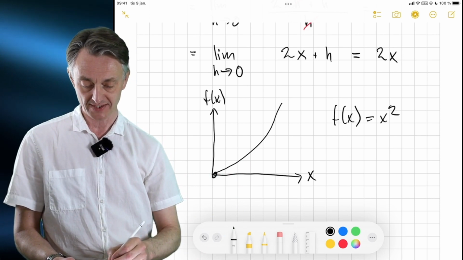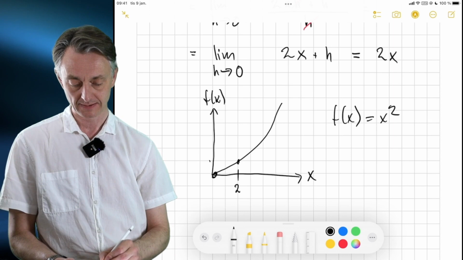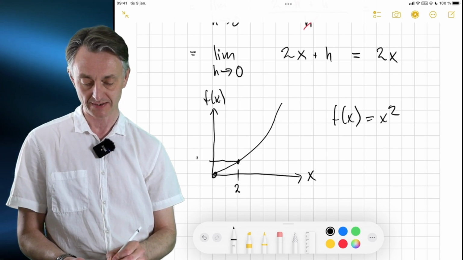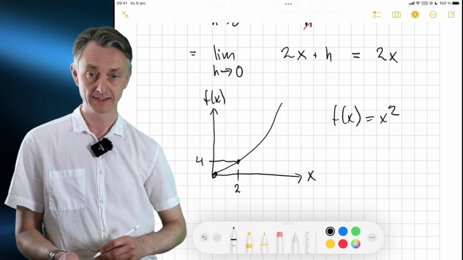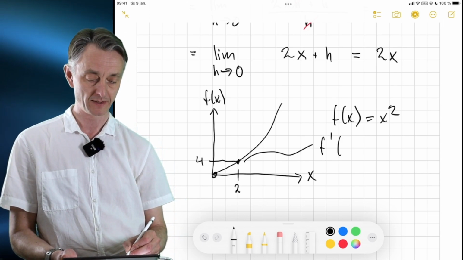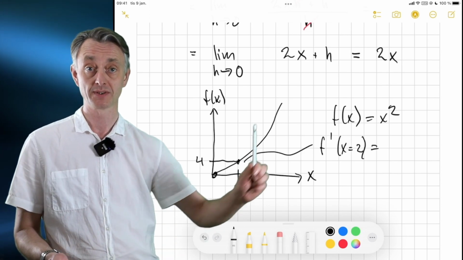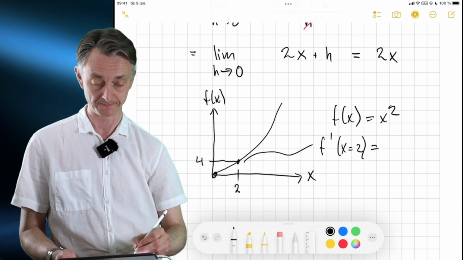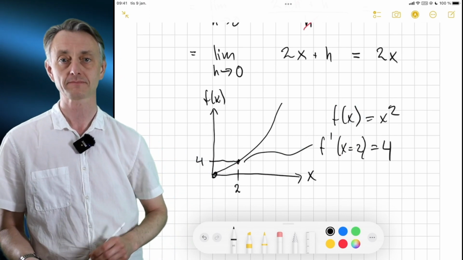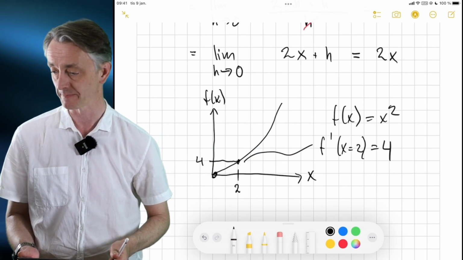So for example, if x is 2, then f of x is 4, and the slope f prime when x equals 2 is 2 times 2, which is 4 as well. And then you can go on and check and see that you get the right numbers.